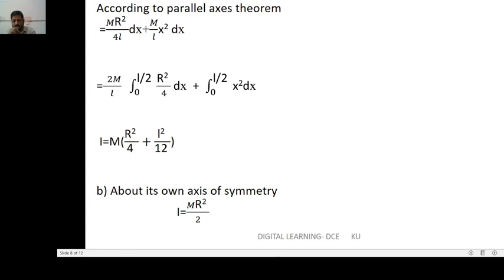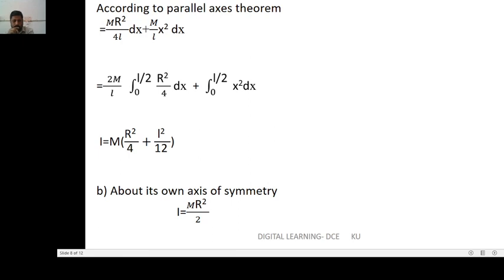That is, first the moment of inertia about a cross section is calculated and it is integrated over the entire surface. On simplification, we will get I equals m into r square over 4 plus L square divided by 12.